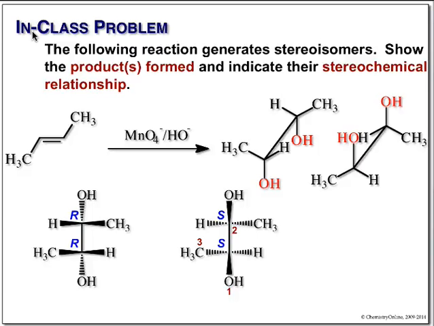In this one, both carbons are R. This one, both carbons are S. These are enantiomers. These two are mirror images.